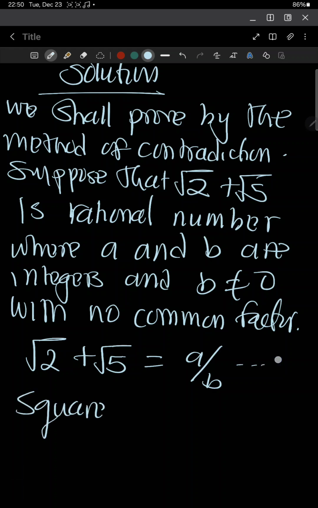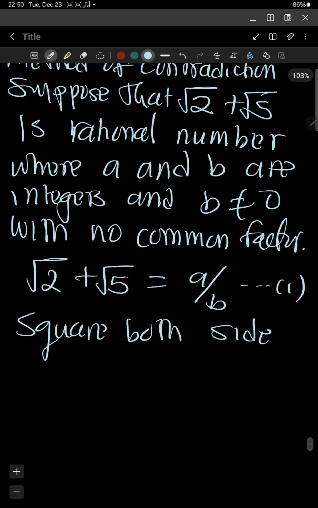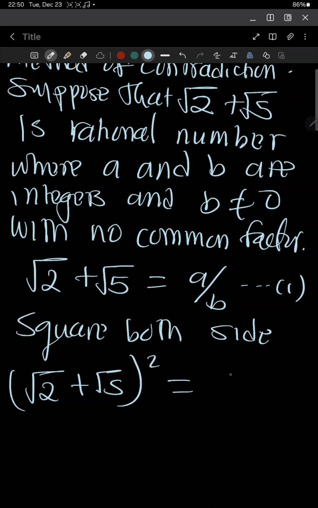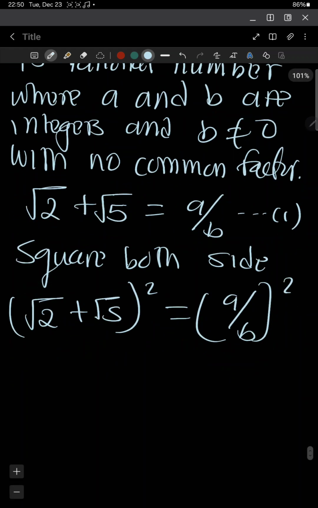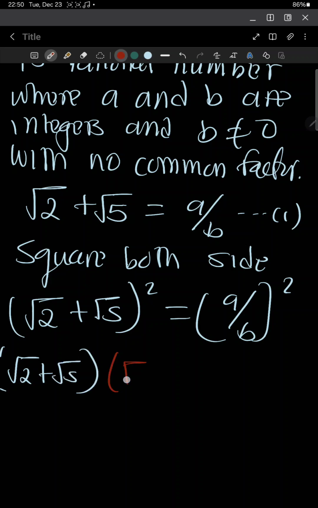When you see this kind of question, you say square both sides. So that is our equation 1. When you square both sides, it will be square root of 2 plus square root of 5, squared, and A over B also squared.